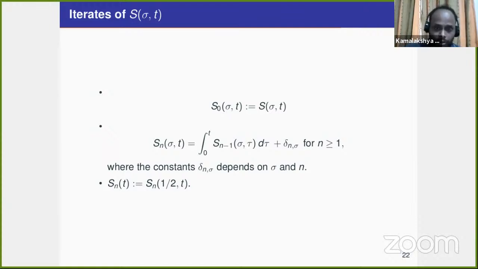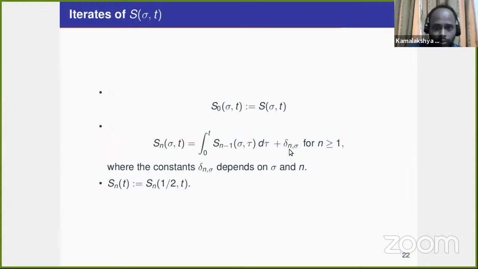Let's define S_0 of sigma t as S sigma t, and S_n of sigma t as the integration of S_{n-1} of sigma tau d tau with some kind of extra term which depends on n and sigma, say delta_n of sigma.